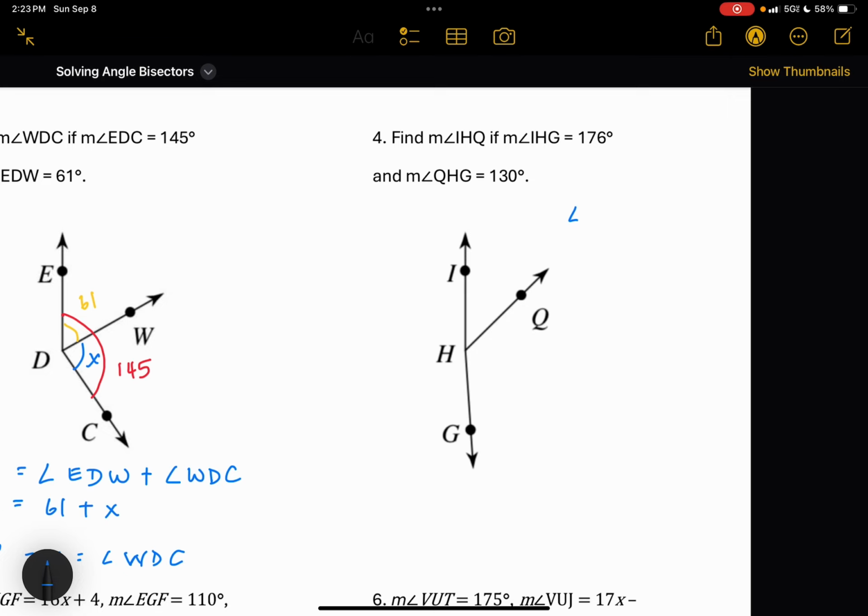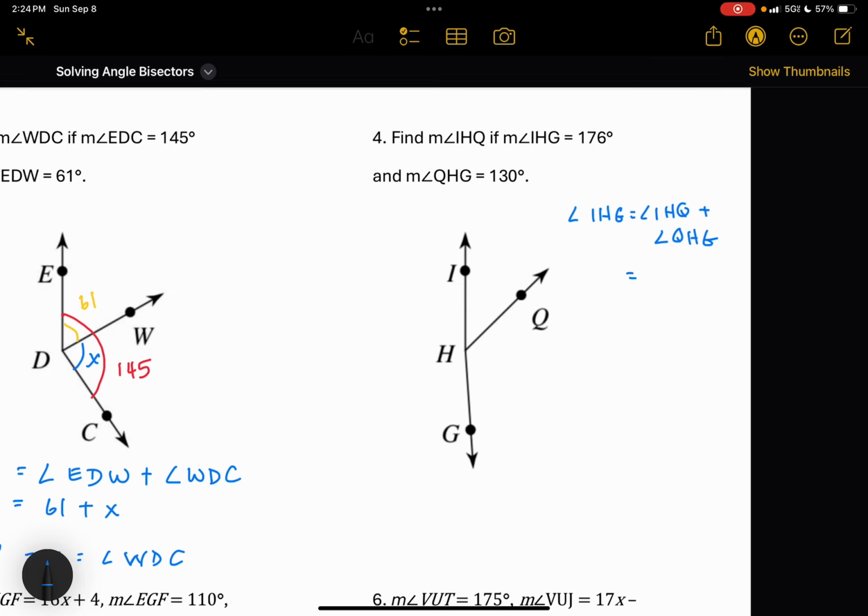So I have angle IHG is equal to angle IHQ plus angle QHG. All right, so we want to know IHQ.